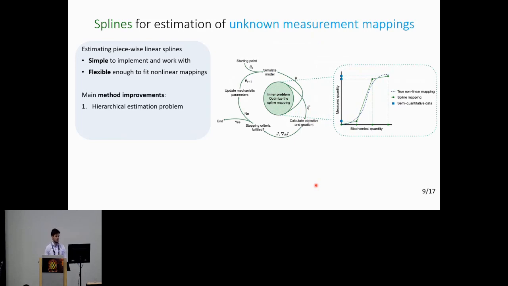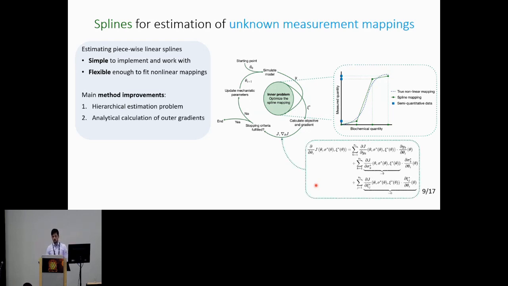Firstly, we embed the estimation of the spline mapping in a hierarchical fashion, so we estimate the spline mapping in the inner problem of the hierarchical optimization problem. We calculate the gradients analytically, and this allows us to use gradient-based optimizers for the optimization of the model. And we use spline regularization.